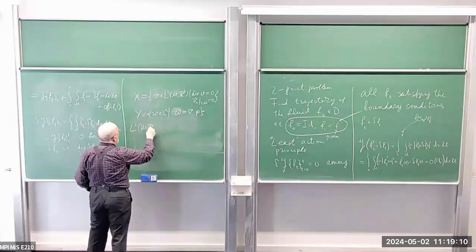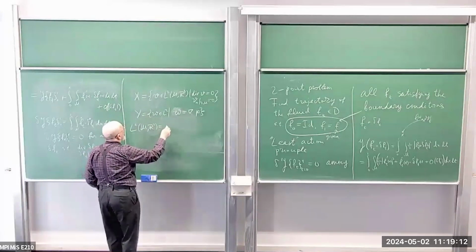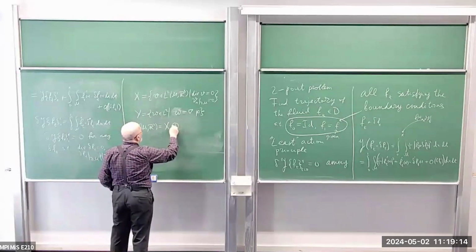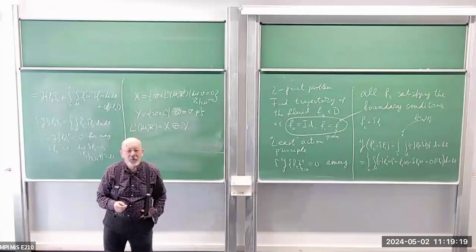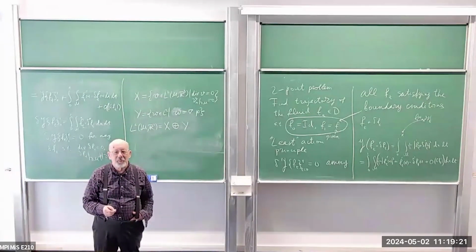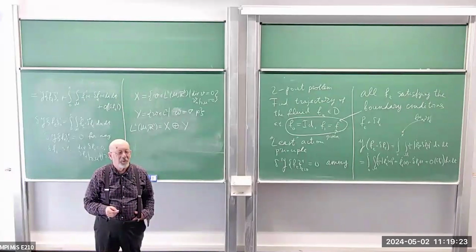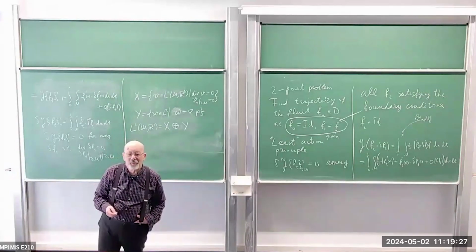And we know that L2(M, R2) equals the orthogonal sum. No, Hodge decomposition, or sometimes referred to as Helmholtz. No, many names of this.